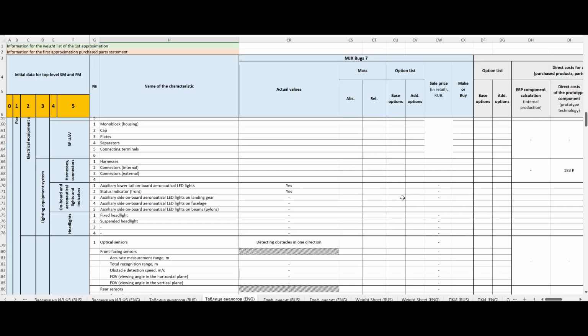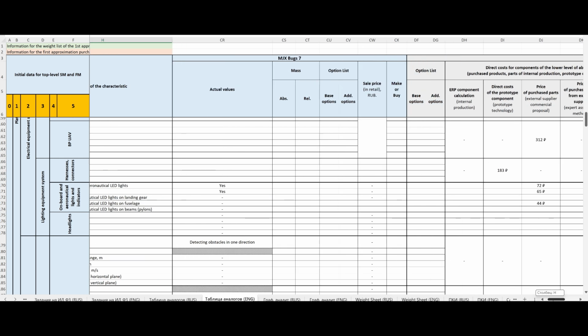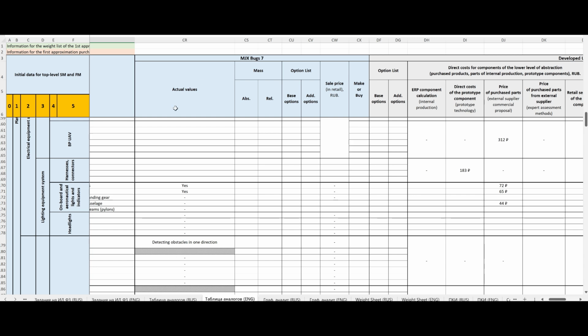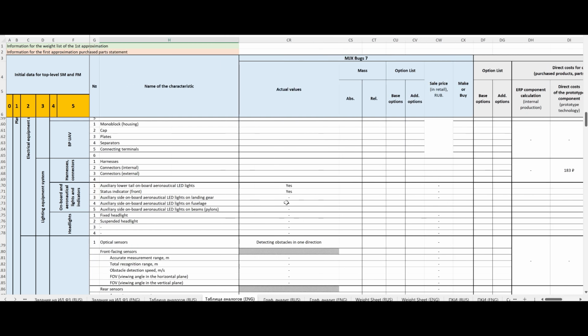The formation begins with the re-verification of technical and economic data in the sectors or sections of the table of analytics containing purchased products, in particular the information of the actual values column of the analytics table is verified, since the information from this column will be used in the combined format of the list of purchased products.